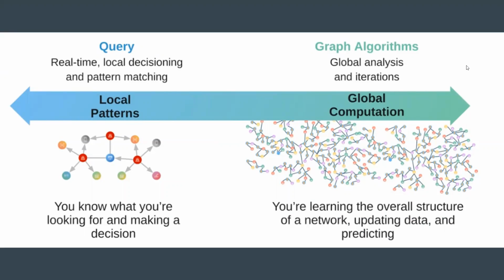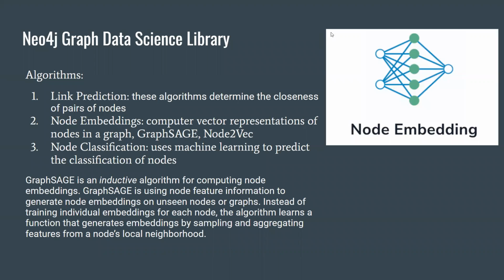Specifically, in the Neo4j graph data science library, the algorithms include link prediction, which is used to determine the closeness of pairs of nodes. The second one is node embeddings, which compute vector representations of nodes in a graph, including GraphSage and Node2Vec.